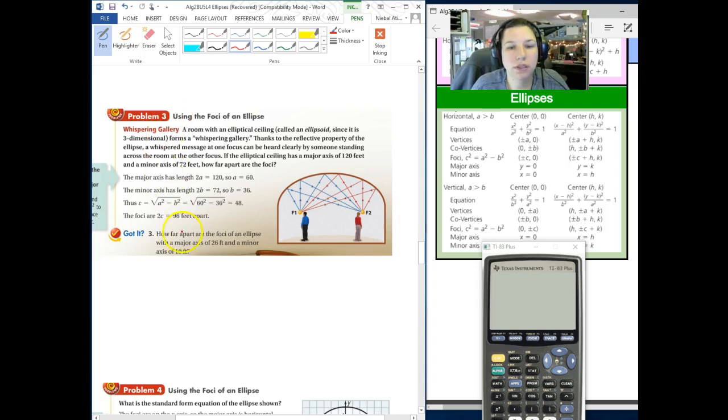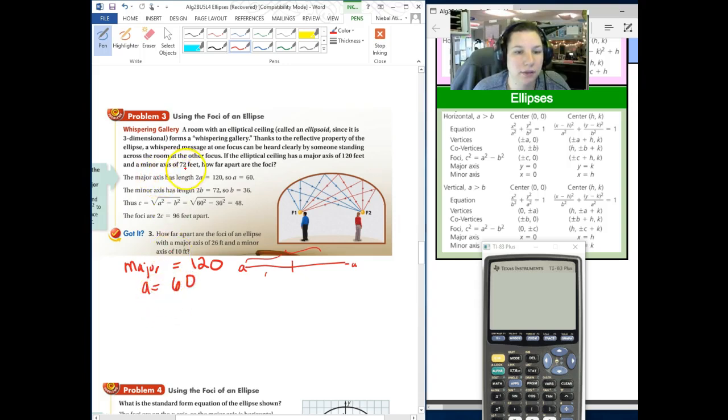The elliptical ceiling has a major axis of 120 feet, so it's a very important piece of information. So that means that this is our a, right? So I have a and negative a, and this total distance was 120. So if I cut that exactly in half, this point would be at 60 and negative 60. So since they give us the major axis 120, that means a is 60.